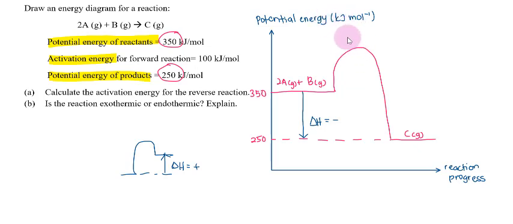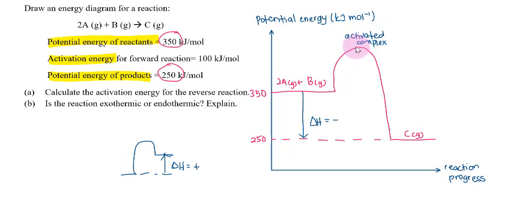Next you have to label the activated complex. The activated complex is always placed on the top of the diagram here. So here we have the activated complex, or you can call it the transition state.